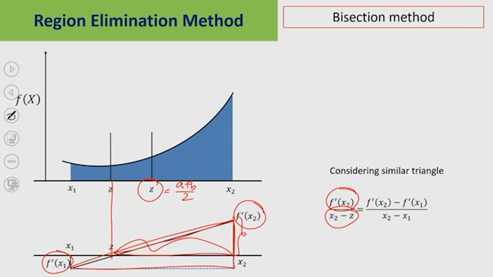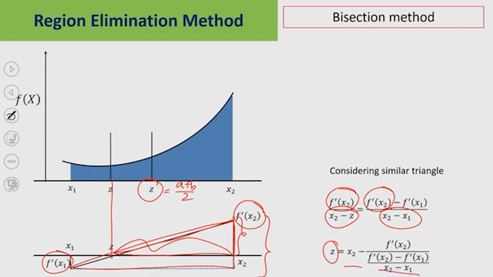Now, from the other triangle I can calculate this value: the derivative at x2, f dash x2 minus f dash x1, and the distance is x2 minus x1. If I simplify that, I will get the value of z. So, z equals x2 minus f dash x2 divided by (f dash x2 minus f dash x1) divided by (x2 minus x1). So, I can calculate the value of z.